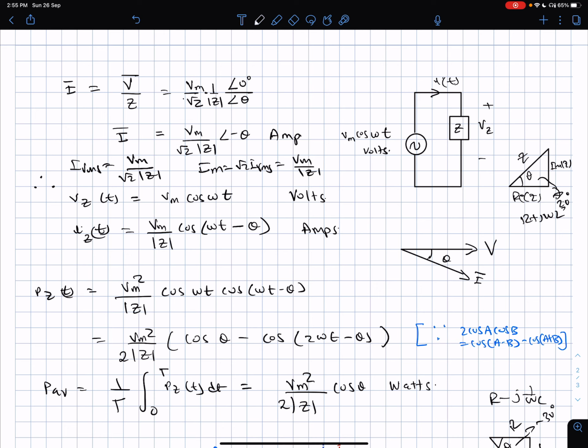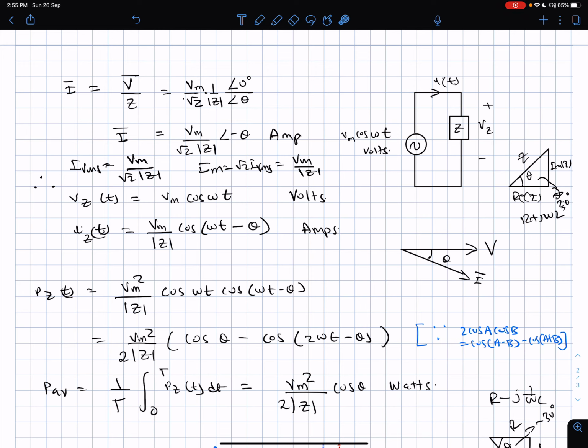So if you know that your peak voltage is Vm, just scale it down by the magnitude of the impedance, and you will get the peak value of the current.